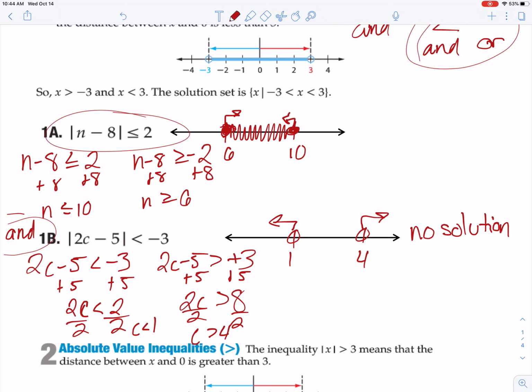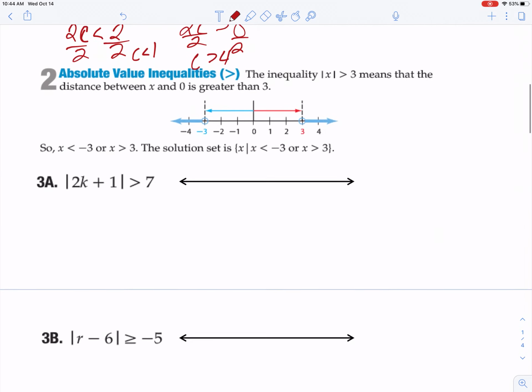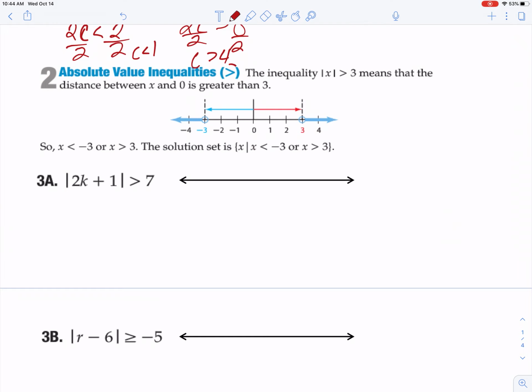Okay? All right, so with a greater than sign, that means it's going to be an or inequality. So I see that. That means this one's going to be a nice happy or. And you do the exact same thing. 2k plus 1 is greater than 7, and on the second equation, it's going to be 2k plus 1 is less than a negative 7. I'm going to solve each of these.